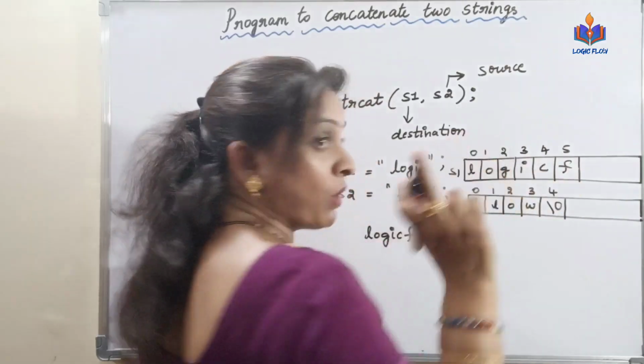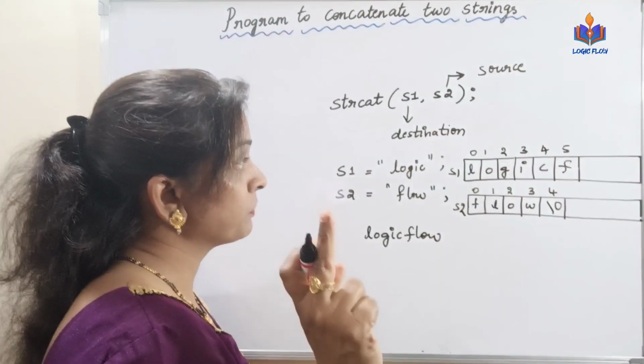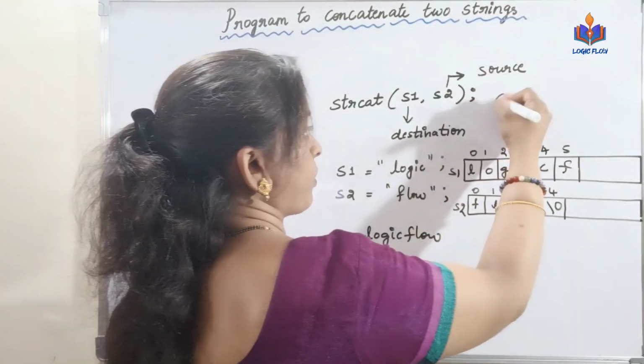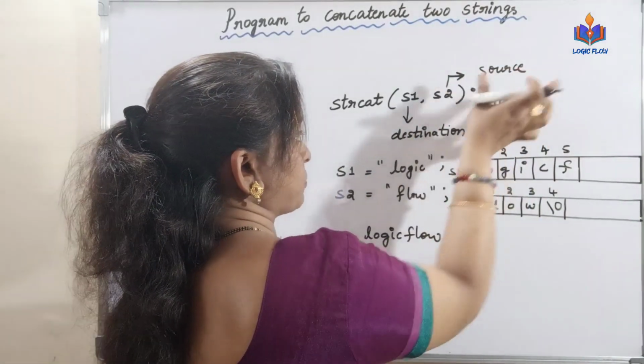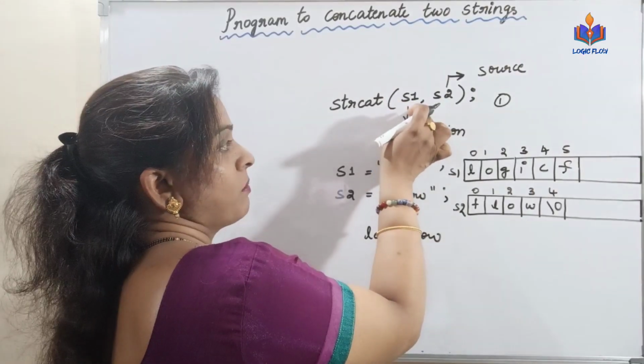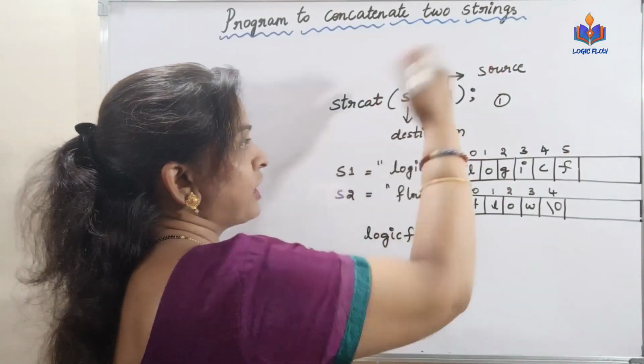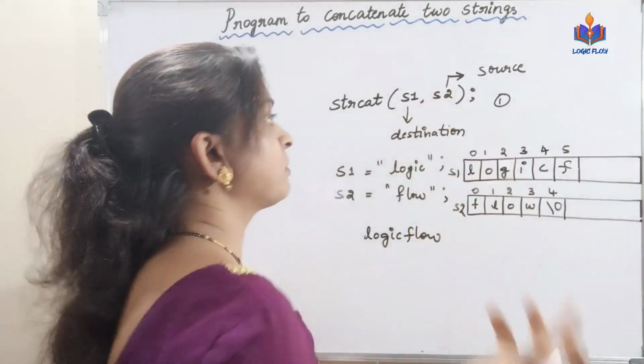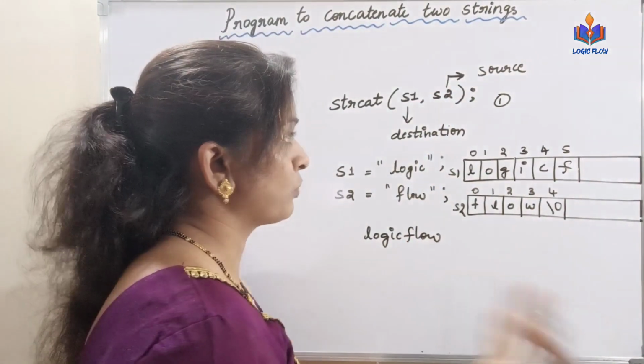One more point to say here. One thing we learned: this is destination, this is source. Source will be combined with this destination. If I interchange, then S2 becomes the destination and S1 becomes the source. It depends on how we are going to concatenate.